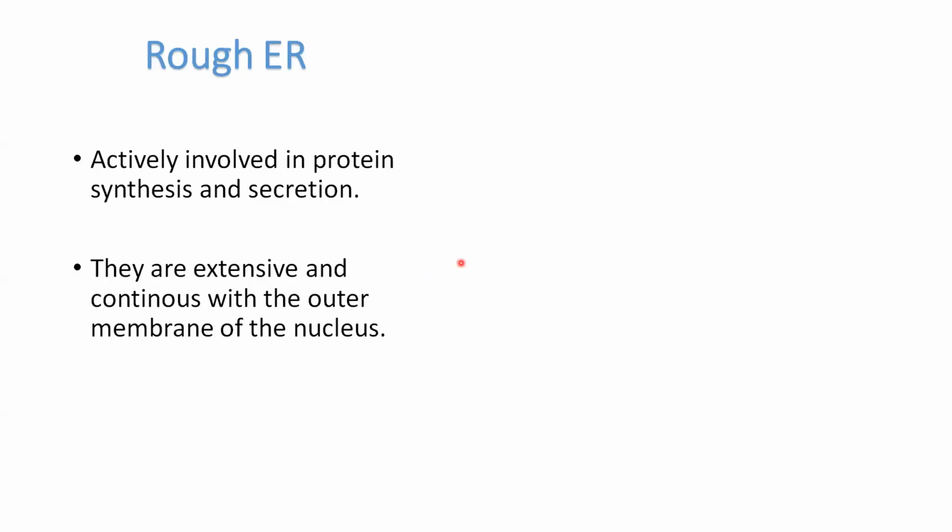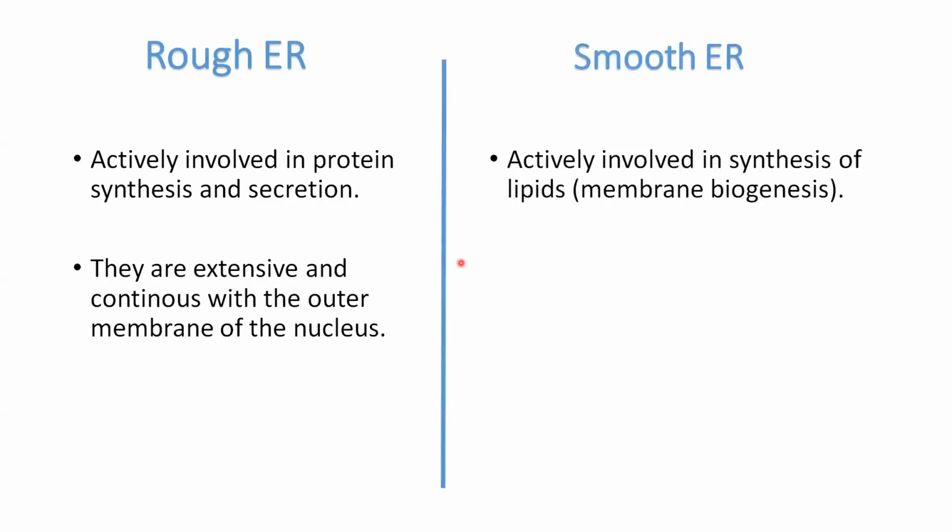In this slide, we can visualize the difference between rough ER and smooth ER. Rough ER is involved in protein synthesis, whereas smooth ER is involved in lipid synthesis, for which another name is membrane biogenesis. Why is it named membrane biogenesis? Because lipid molecules are involved in making any membrane.